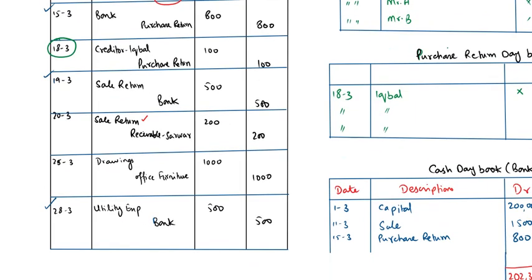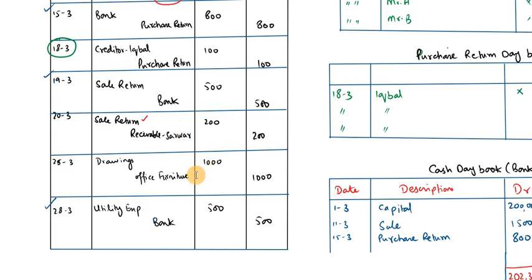Here we can see drawings and office furniture transaction. There is no involvement of sale, sale return, cash and purchase return. So drawings and office furniture transaction will be recorded in the journal.